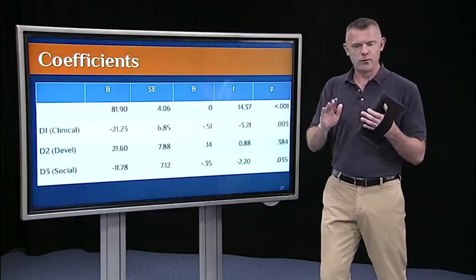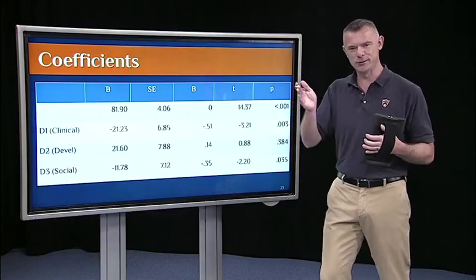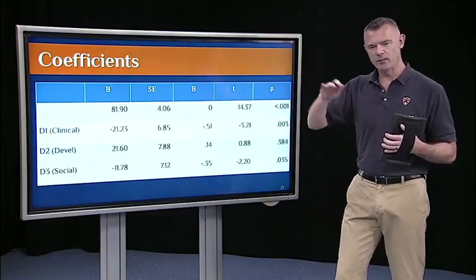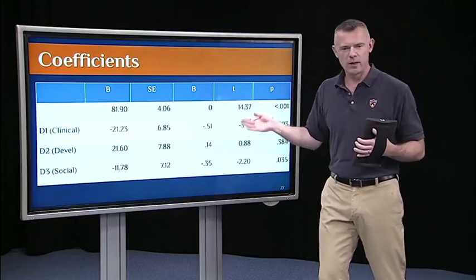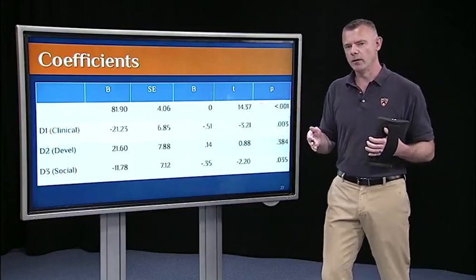And again, if you were just looking at this example and you just wanted to ask this question, are the number of publications different across these groups, then you wouldn't do this sort of clumsy dummy coding or effects coding. You would just run a one-way ANOVA.